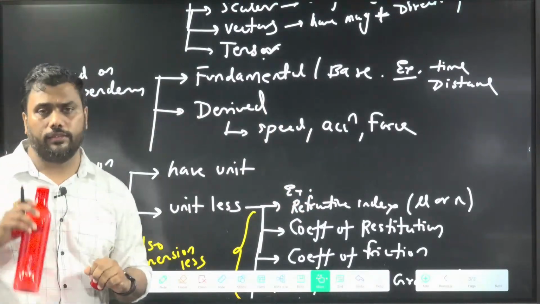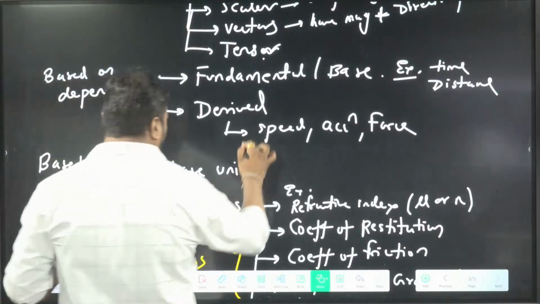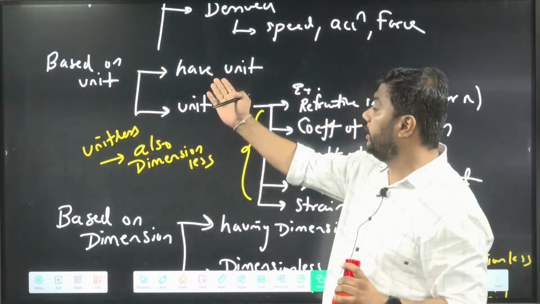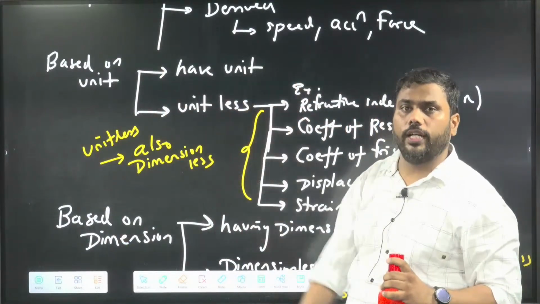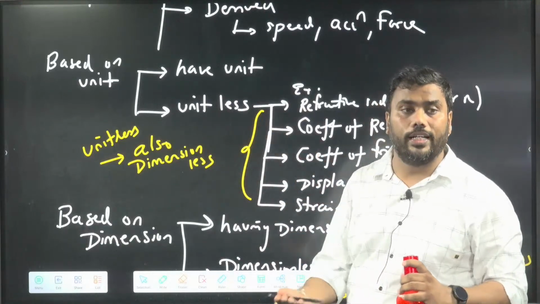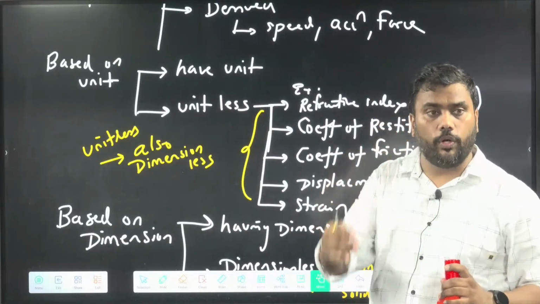Then based on units, there are some physical quantities which have unit. Most physical quantities have unit, but some do not. They are unitless. What is fundamental and derived? I will come to this point.